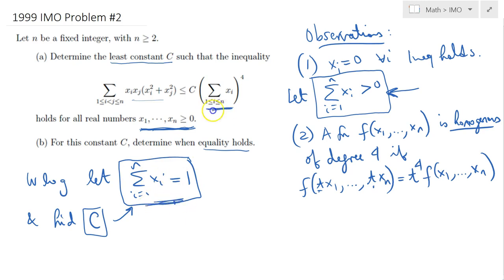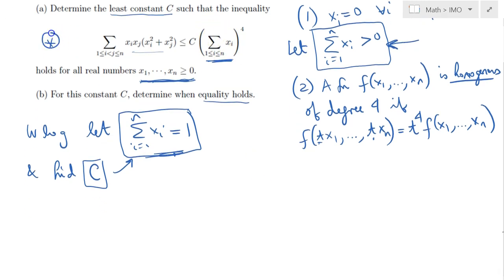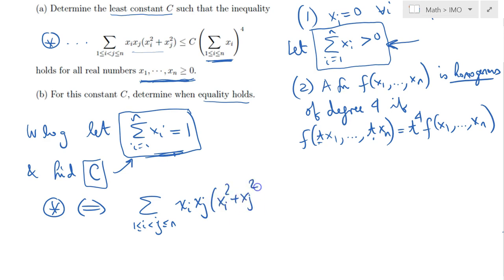As soon as we add this assumption, look at the right-hand side. We can see this expression on the right-hand side. As a result, our inequality, let's call it the star inequality, reduces to the following: the summation for 1 less than or equal to i, j less than or equal to n, of xi xj times (xi squared plus xj squared), less than or equal to c, and remember this is 1 to the 4th power, so it's just c, where the sum of the xi's from i equals 1 to n is 1.